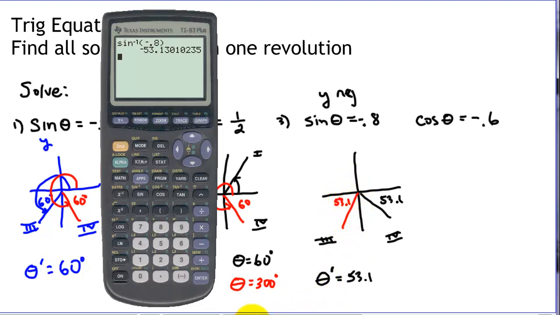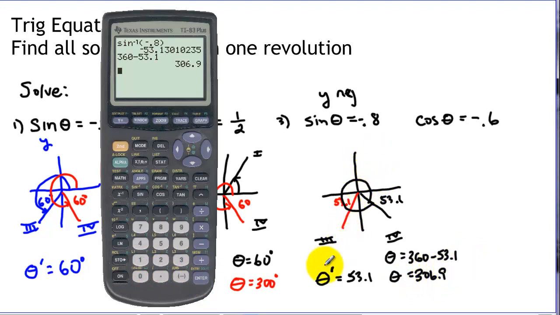So I need to figure out now this angle if I do my quadrant 4 angle. So quadrant 4 is going to be 360 minus 53.1, which is, let's calculate here, 360 minus 53.1, and we get 306.9.